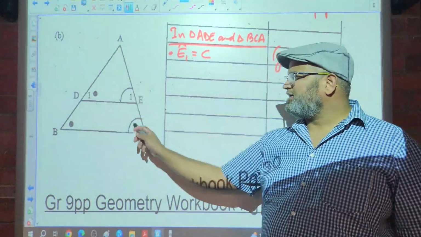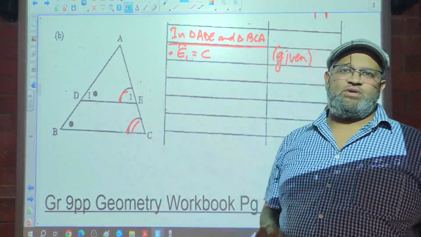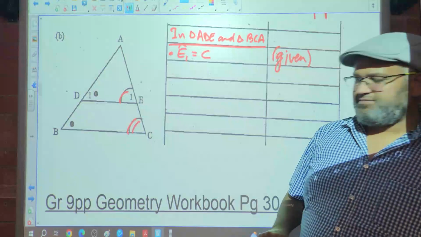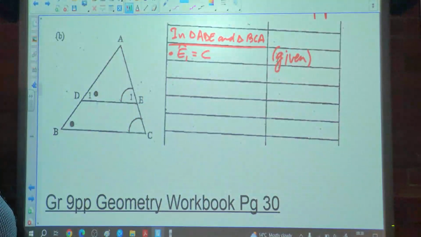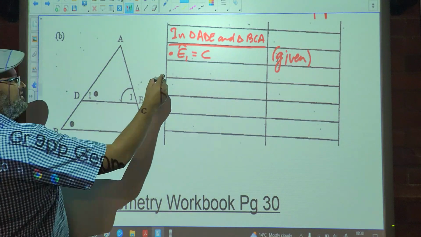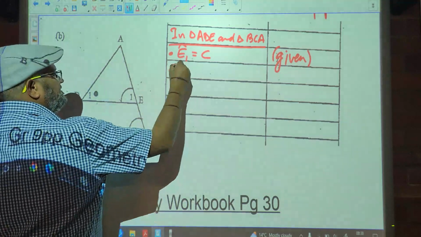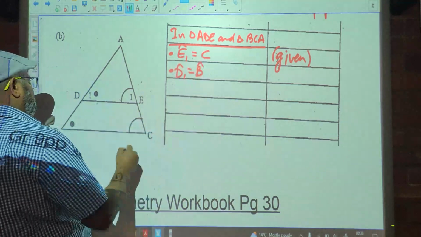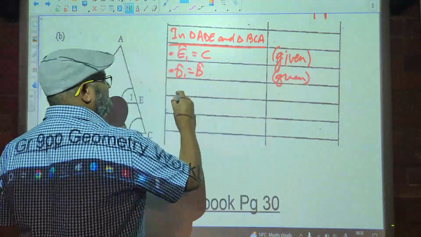Okay, if there was one arc and two arcs, like this is one and here's two, then it wouldn't have been given equal. Can you see that? But if both has the same marking, that means to say they are equal. Right, next. D1 is equal to B. Why? Also given.